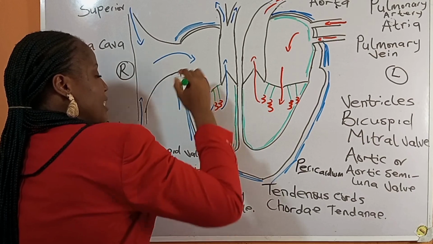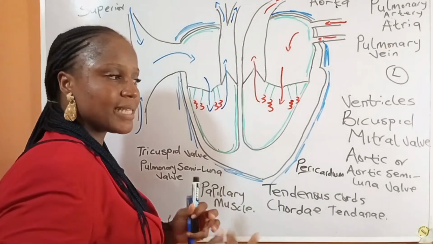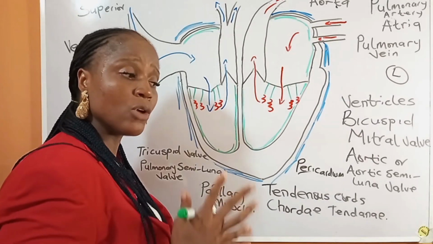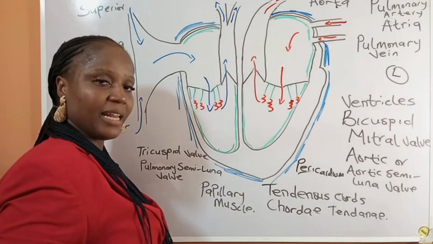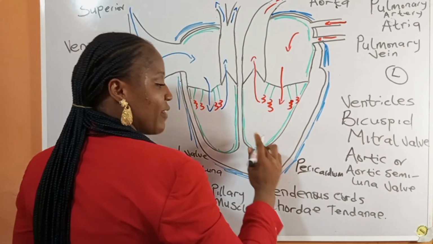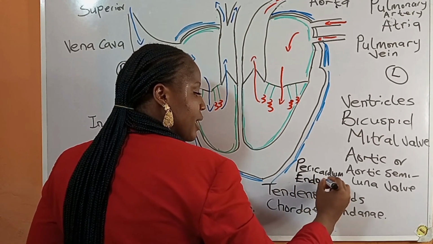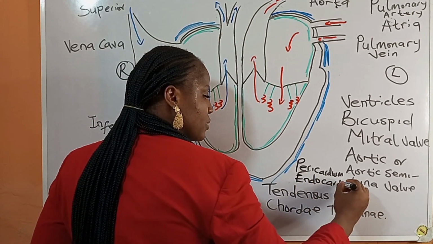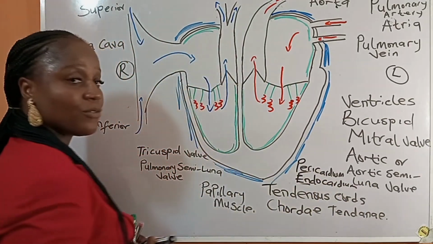As the heart is working, it doesn't experience turbulence. So it is the work of this thin layer of muscle to ensure that doesn't happen. And this is referred to as the endocardium. Endo means inside and cardium for the heart.